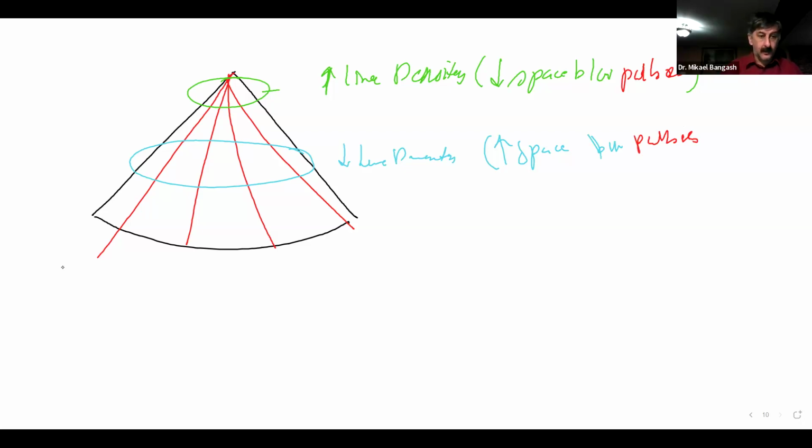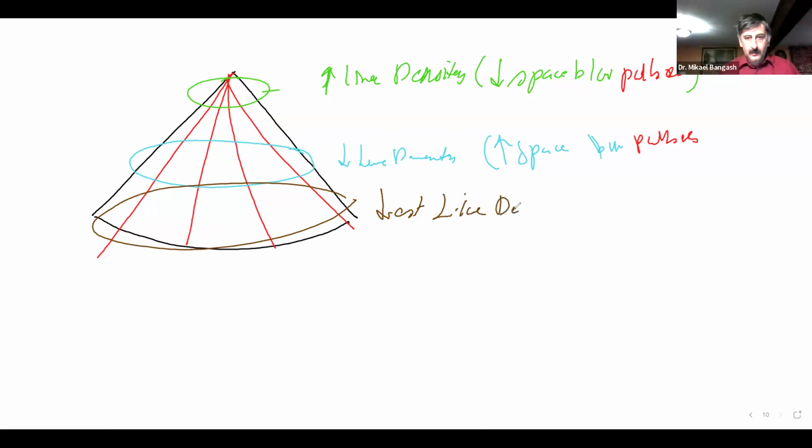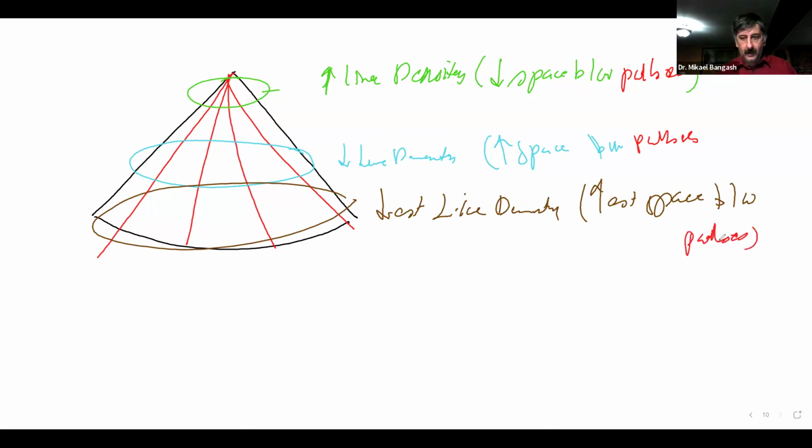And likewise, if you go here, this is where we have the lowest line density, due to the greatest space between our pulses.